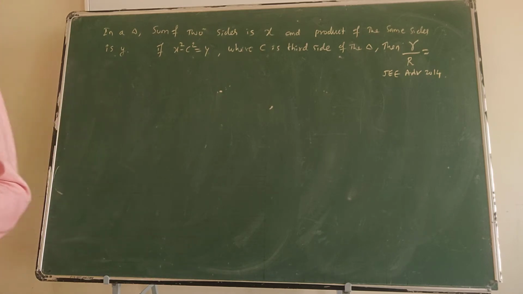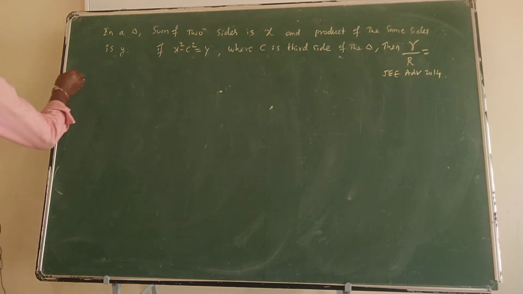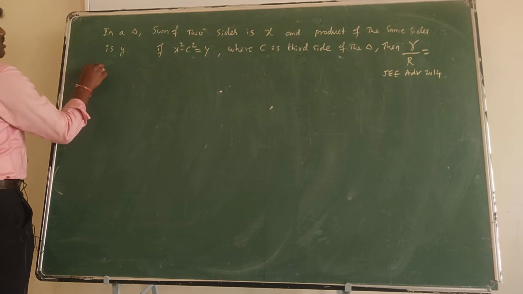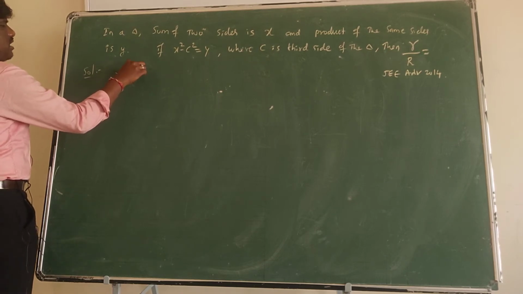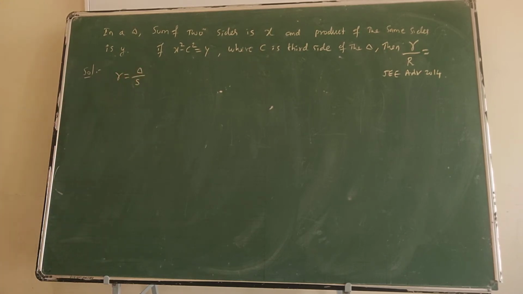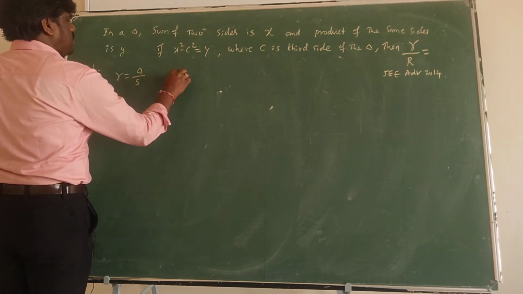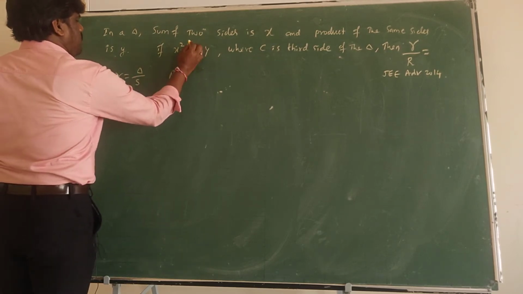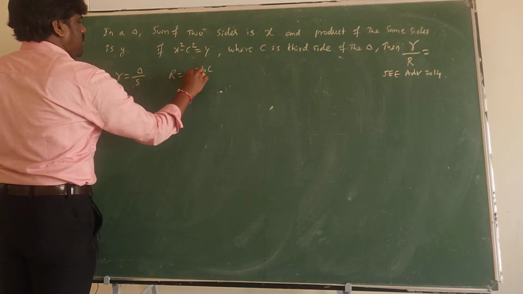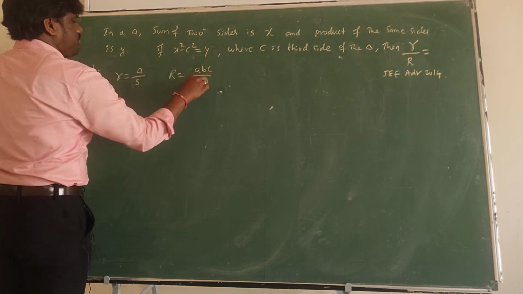What is the formula for small r? Small r is equal to delta by s. I already explained this many times. And capital R is equal to abc by 4 delta.